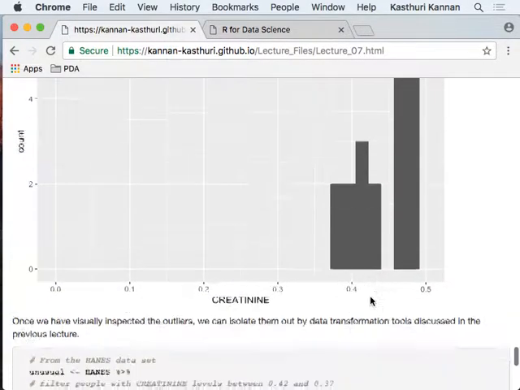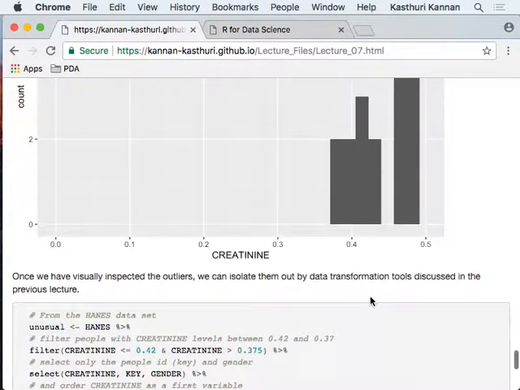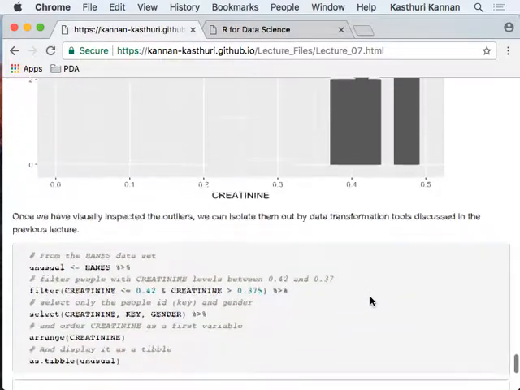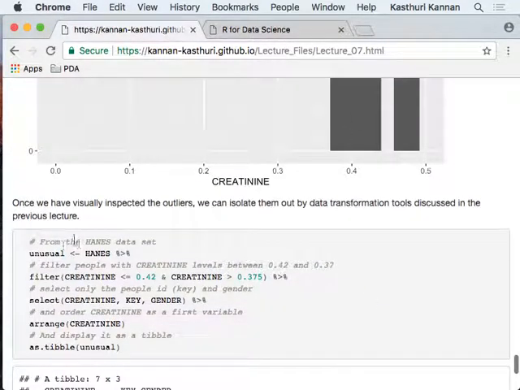This is the kind of thing that may not be immediately apparent from the general plotting, but if you zoom in enough and play with the data a little bit, you may spot these outliers. And especially, we can query this using data transformation.